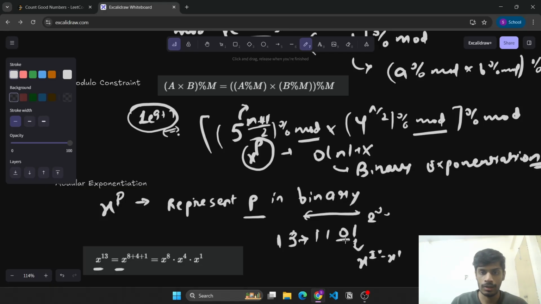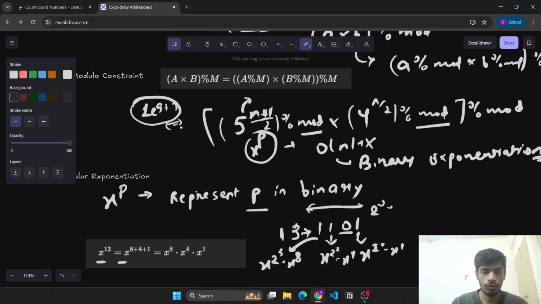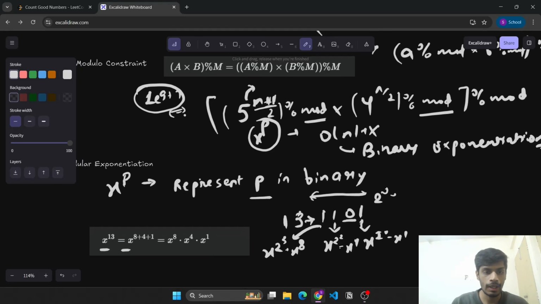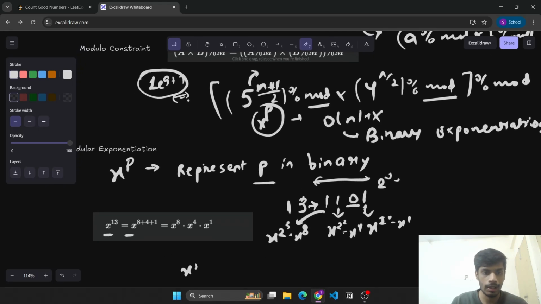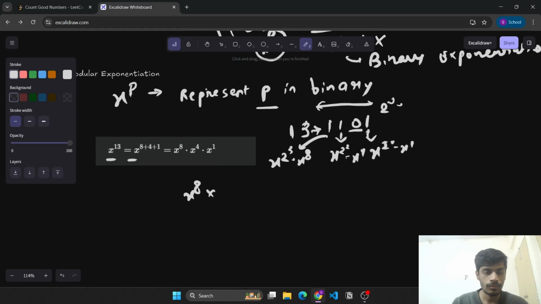Then since this bit is unset, it will not represent anything. Here it will represent x to the power 2 squared, which is x to the power 4. And here it will represent x to the power 2 cubed, that means x to the power 8. So overall, if we do x^8 into x^4 into x^1, then it will be simply x to the power 8 plus 4 plus 1, and that is x to the power 13.